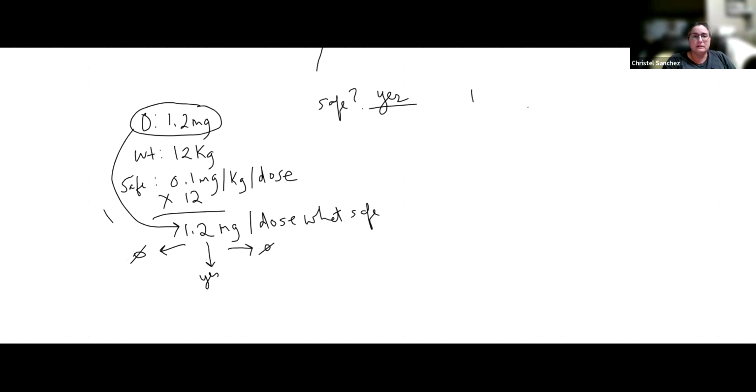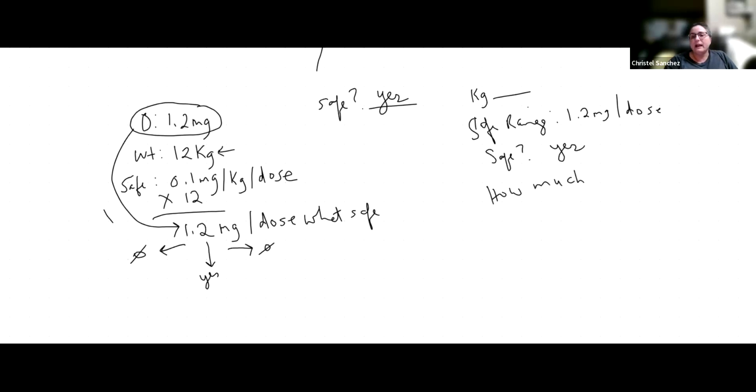Okay, which we did right here. Then it's going to ask you for the safe range, okay, which our safe range is 1.2 milligrams per dose. Then it's going to ask you, is it safe? Okay, this one is, okay. And then it's going to ask you, how much would you give? Okay. So each of your PEDS questions is going to have 4 different things that you got to figure out.